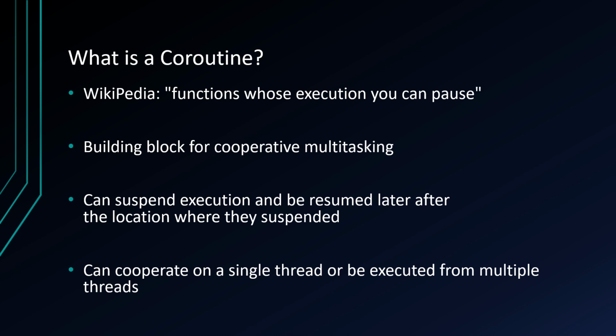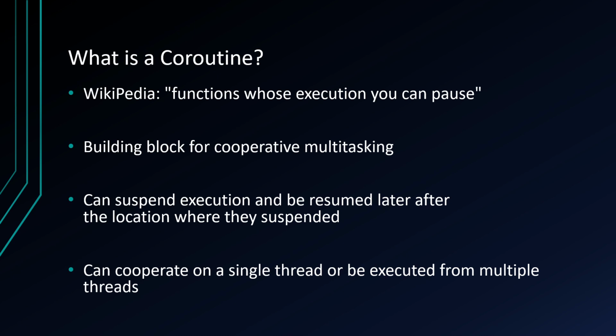Coroutines are the building block for cooperative multitasking. In the early days of personal computers, in order to get multitasking implemented, they used cooperative multitasking. This was most widely done on the early Mac OS before it changed to OS X. OS X is preemptive multitasking, but Mac Classic OS is cooperative multitasking.